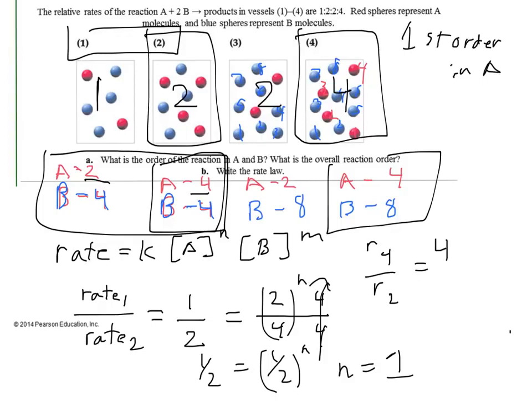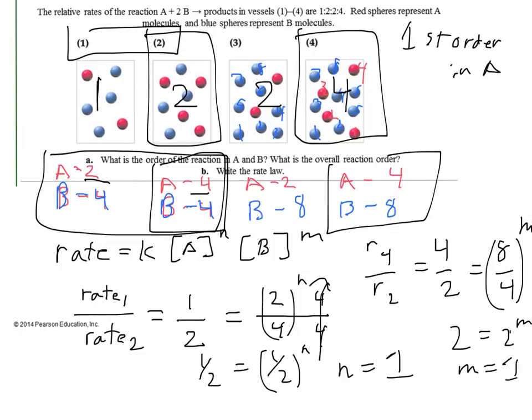So I've got 4 divided by 2. My A's cancel out, and I've got 8 divided by 4 to the m power. So that gives me 2 equals 2 to the m power. So m is once again 1 there, it looks like. So that means our reaction is first order in B.